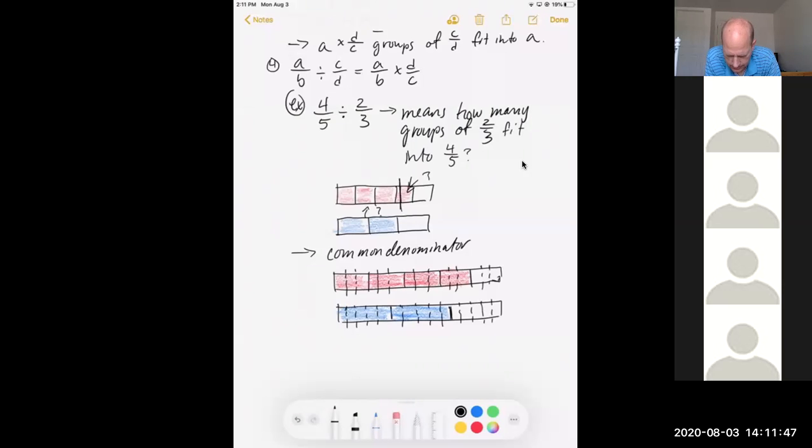I'll show you that in a minute, but right now we're focusing on how many groups of 2/3 fit into 4/5. These correspond right here. The 2/3 ends right here. So that's where my first group of 2/3 is. We have one group. But this part right here, this piece is 2/15.